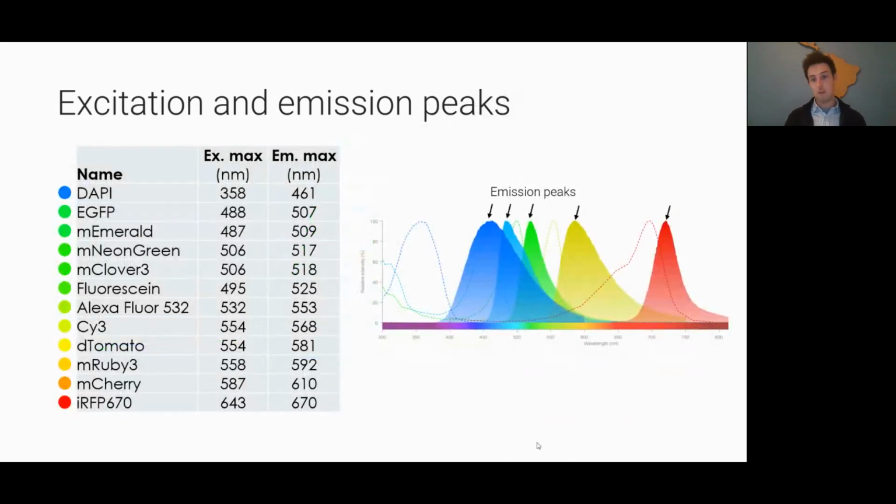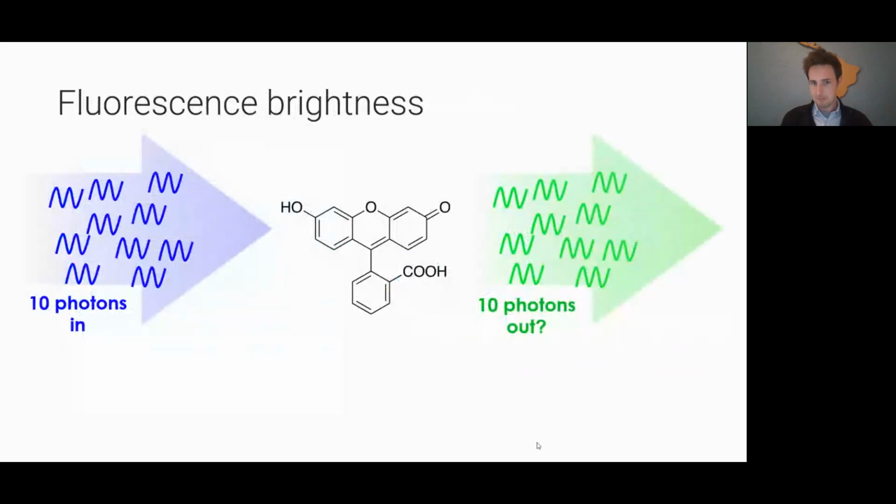But essentially, all fluorophores then can be characterized according to their excitation maxima, their emission maxima. And these days, there are thousands of fluorophores or fluorescent proteins really spanning all the way from the blue into the red. And they all have different advantages and disadvantages. As is often the case, there isn't a one-size-fits-all, but some fluorophores are more ideal for particular applications than others.